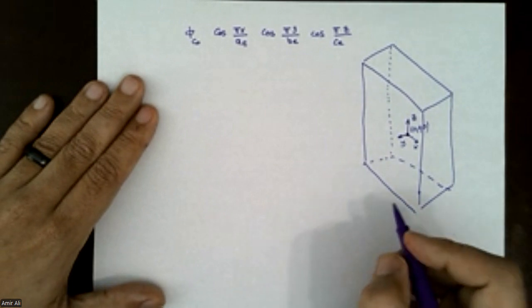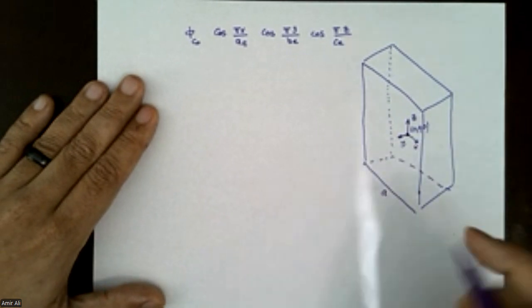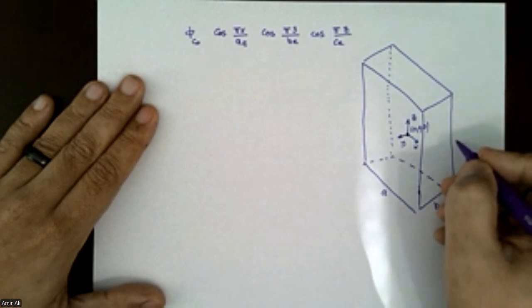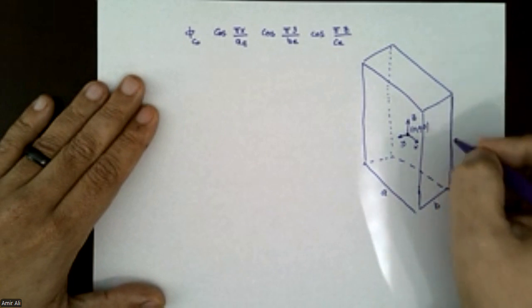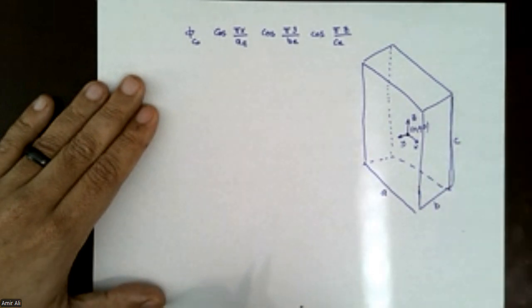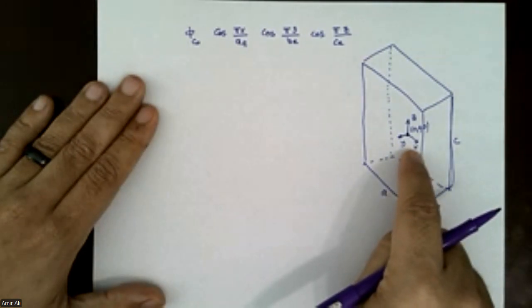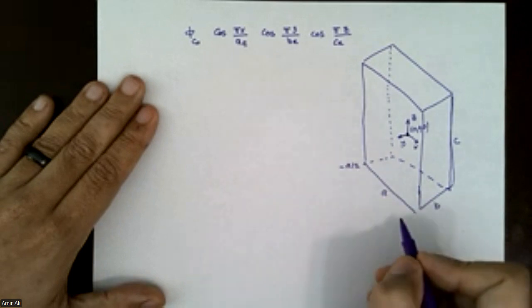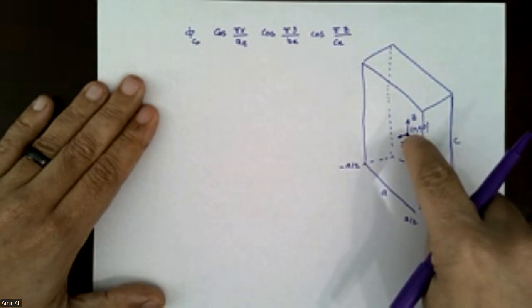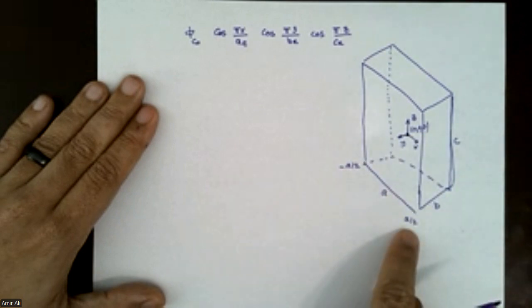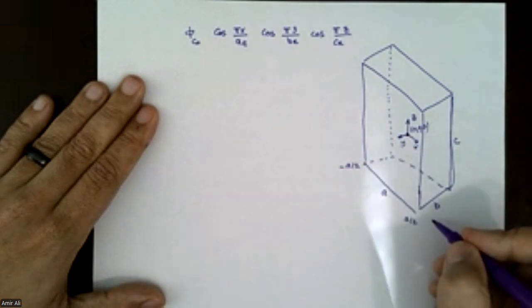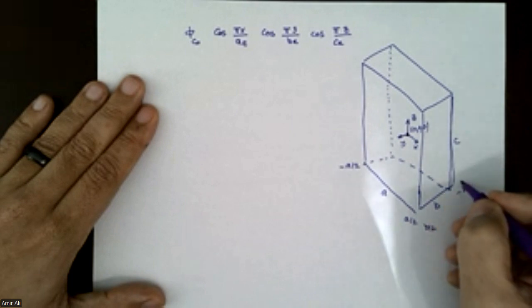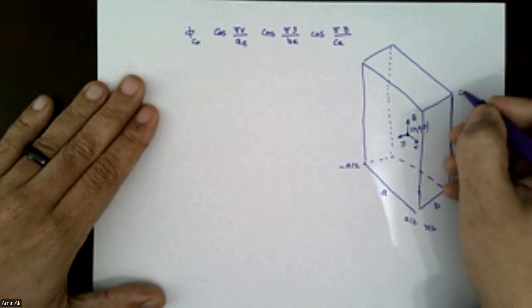A is the side length in the x direction. B is the side length in the y direction, and C is the height of that reactor shape. Which means that x can change all the way from minus a over 2 to a over 2, since this is the center point. y can go from minus b over 2 to b over 2. z can go from minus c over 2 to c over 2.